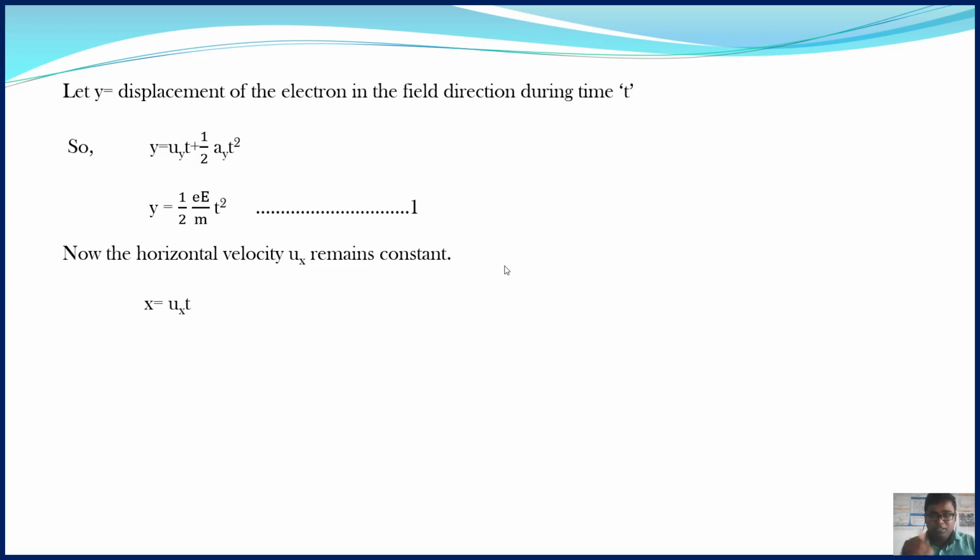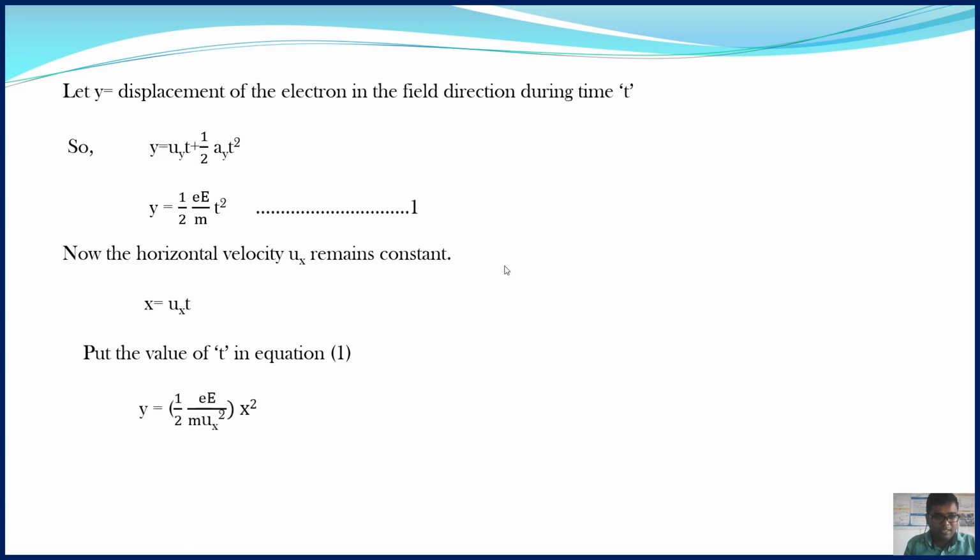Now put the value of t in equation 1. Calculate the value of t from this equation: t is equal to x upon ux. Put this value of t in equation 1.